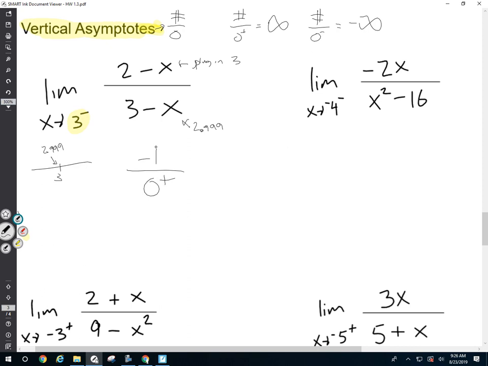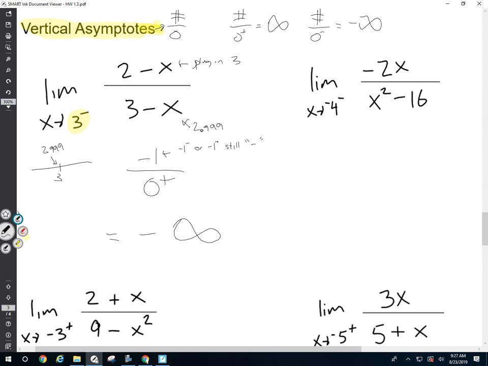So this negative value divided by this infinitely small positive value will give me something infinitely large and negative.